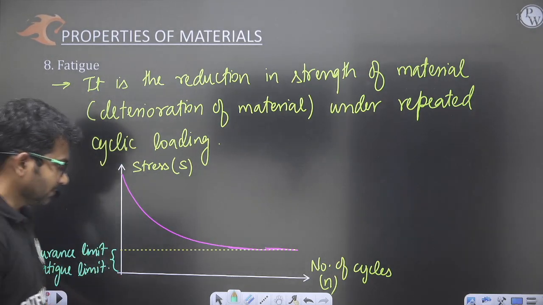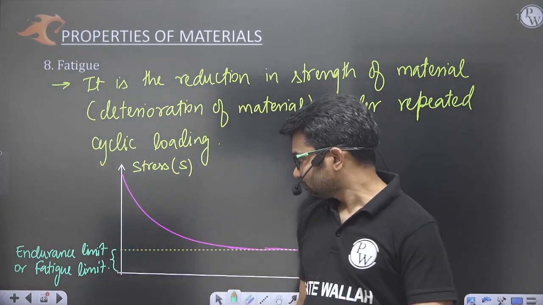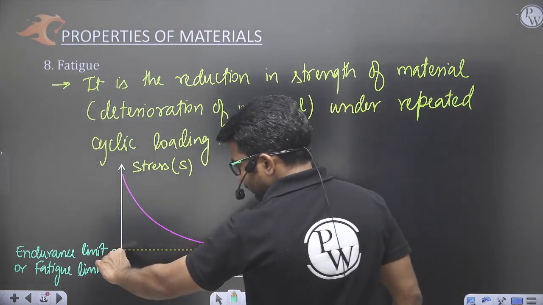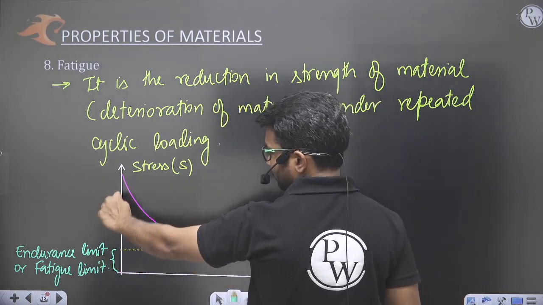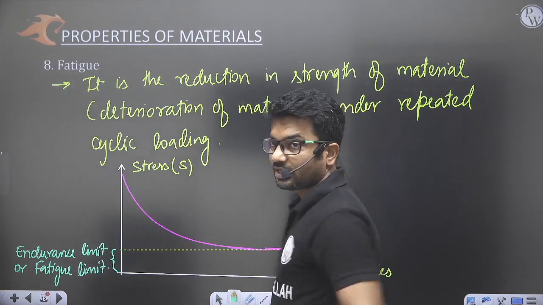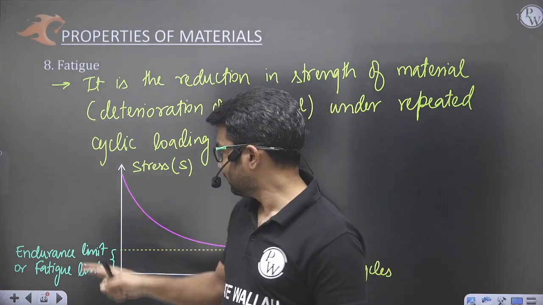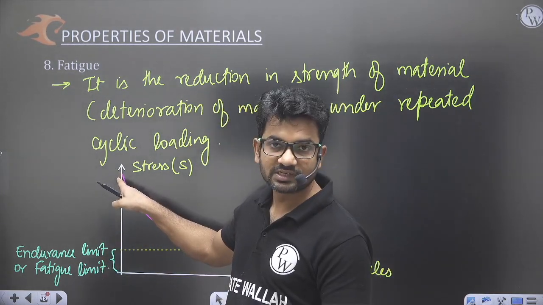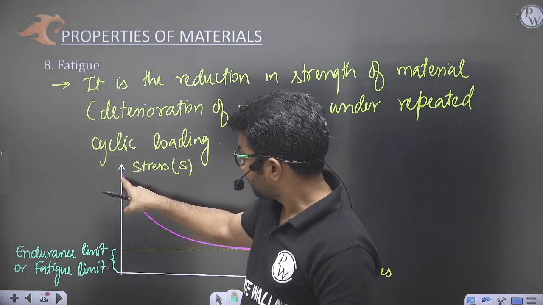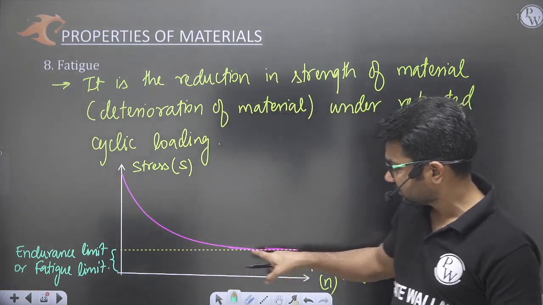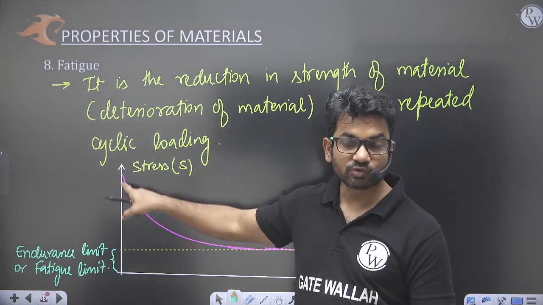As you can see, the endurance limit is much less than the strength of the material. The actual strength, where one cycle will break it, is represented here, and this endurance limit is much less than the actual strength of the material.